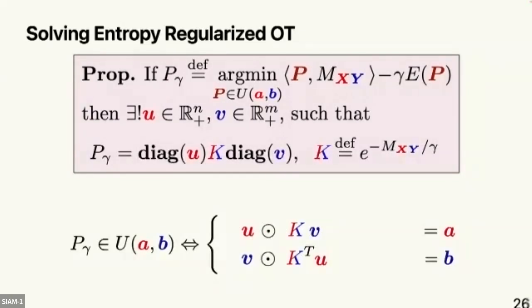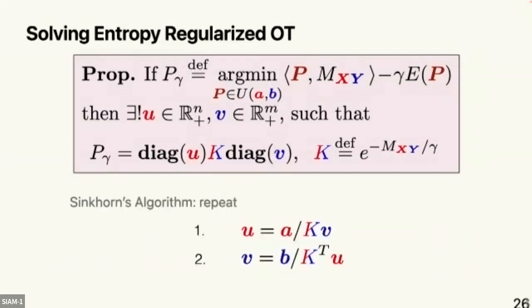And so a vector times a vector equals another is the same thing as saying the first vector equals the element-wise ratio of two vectors. So I'm just making this slightly easier to write. So in other words, this regularization here amounts to finding two vectors u and v that satisfy this set of nonlinear equations.